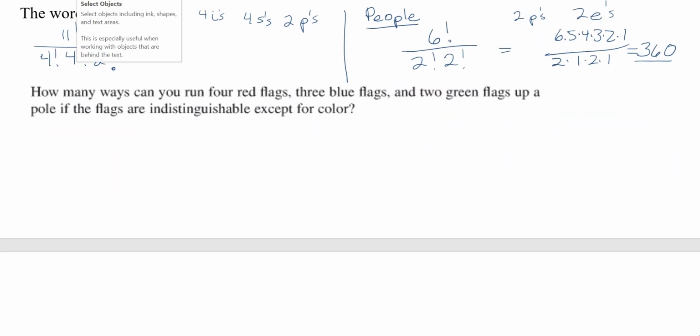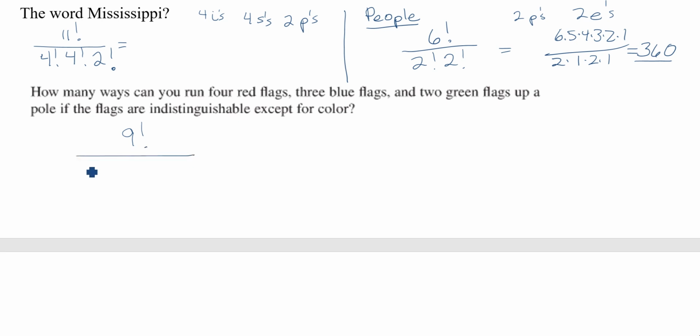Same idea. How many ways can you run 4 red flags, 3 blue flags, and 2 green flags up a pole if the flags are indistinguishable except for color? Well, altogether, 4 plus 3 plus 2, there are 9 flags.